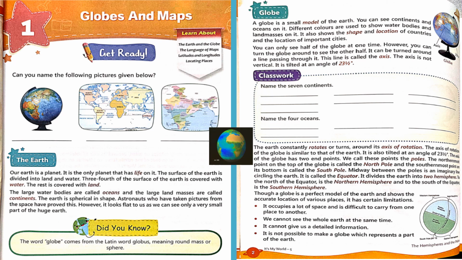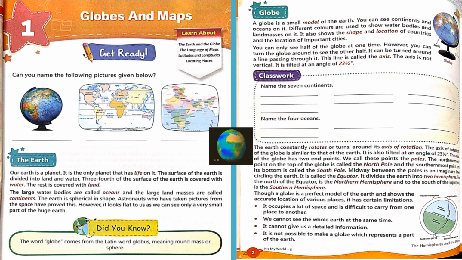It is also tilted at an angle of 23½ degree. The axis of the globe has two endpoints. We call these points the poles.